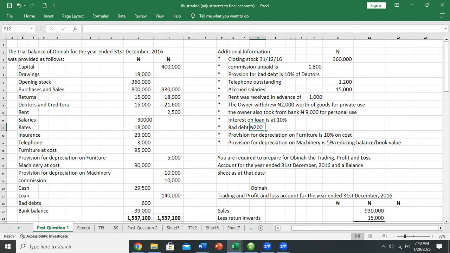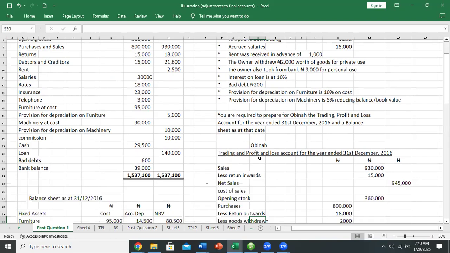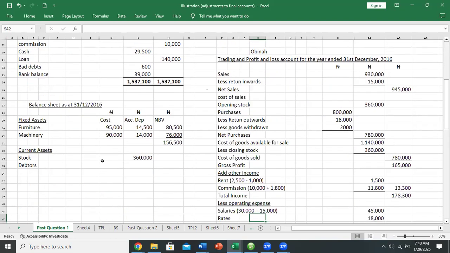And telling us about provision, I indicated to you that you less the new provision. So the debtors is 15,000. We are going to less first the bad debt, which is 200. And also less the new provision for bad debt.